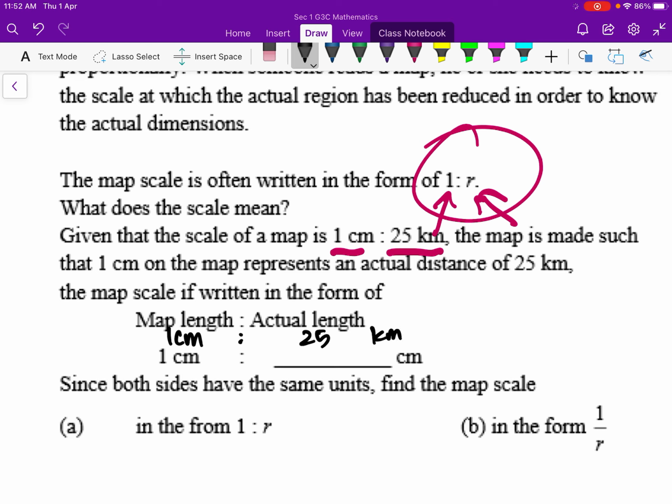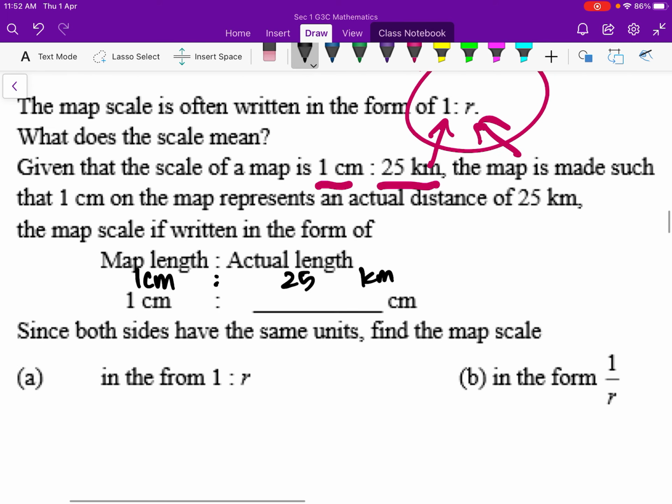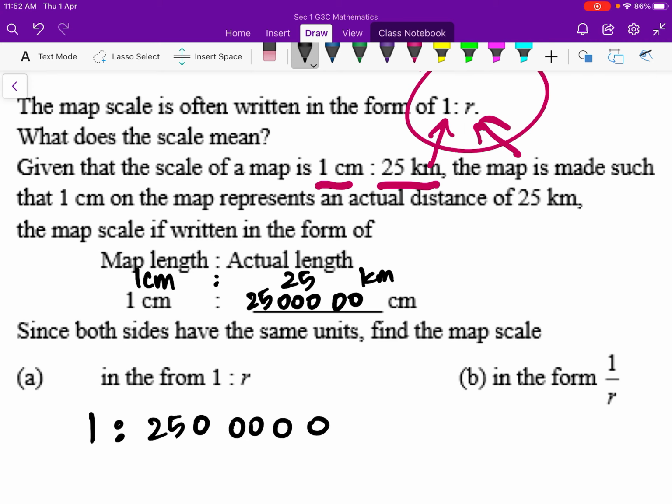Now we need to convert the 25 km to cm. 25 km will be 25000 meters plus another 2 zeros to be cm. Now that the units are the same, the map scale 1 to R will be 1 to 2500000. 1 2 3 4 5.